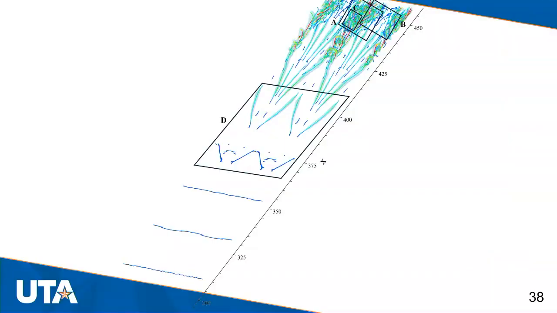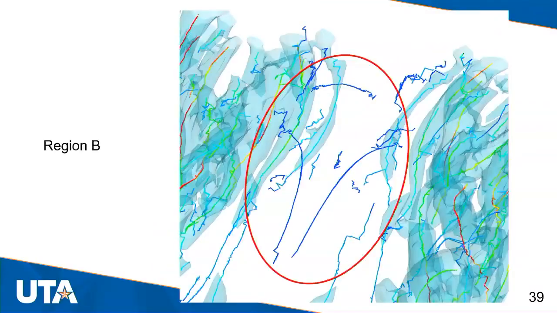Region B. You can observe some weird vortex structure here. Looking at the color, they are blue, so they are very, very weak compared with the surrounding vortex co-lines. You may question whether this structure really exists.